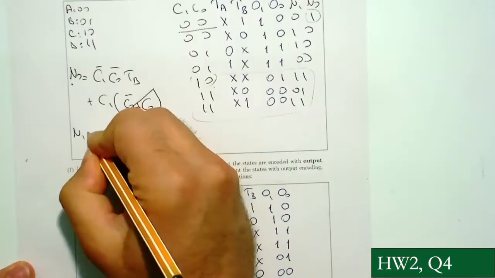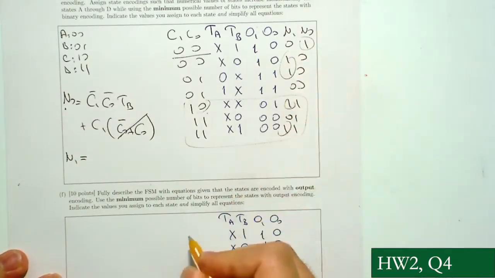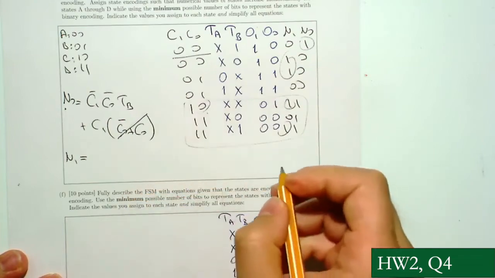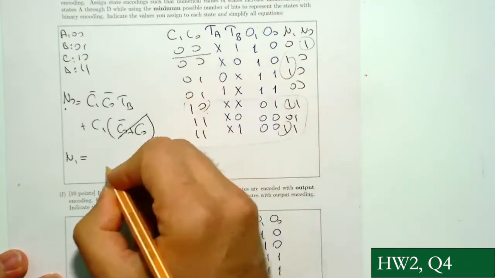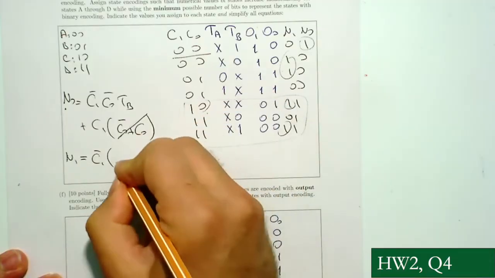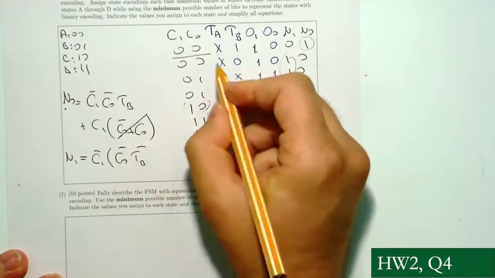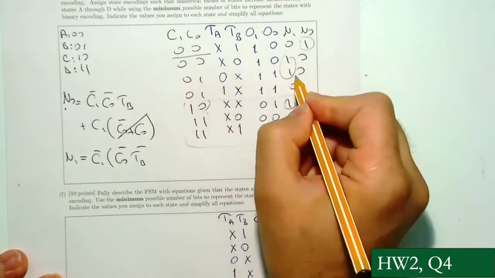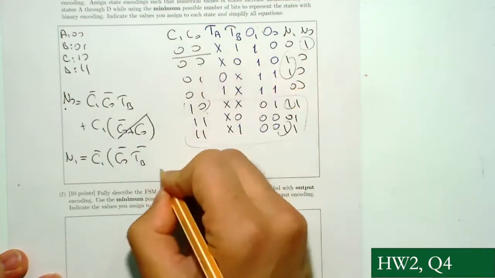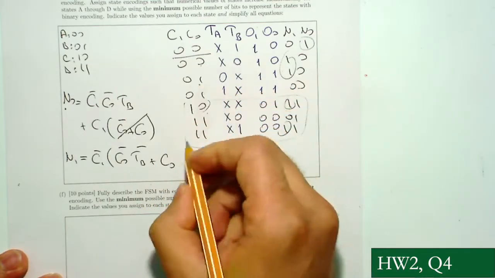For N1, I'll check the rows. I have 1 here, so this means that for this one I have C1 not and C0 not, TB not, or C0 and TA.